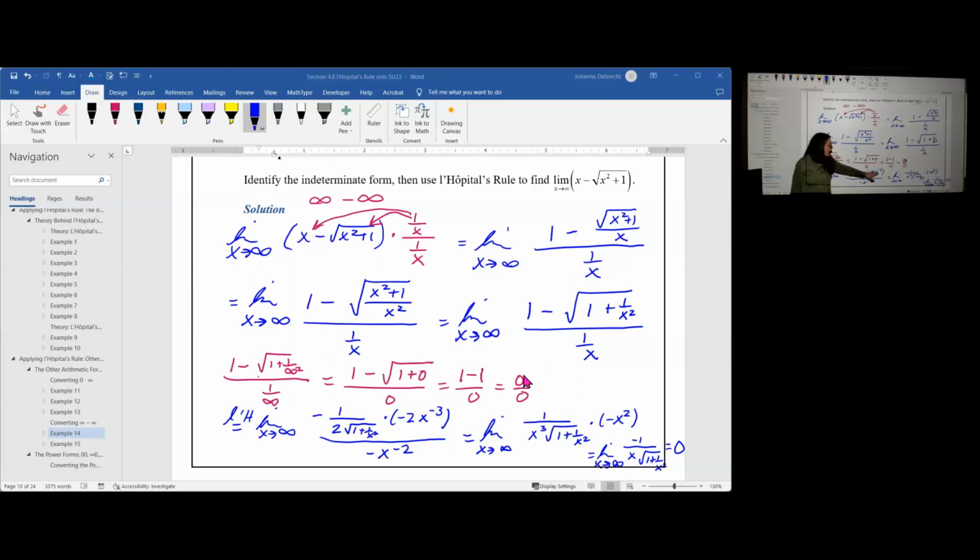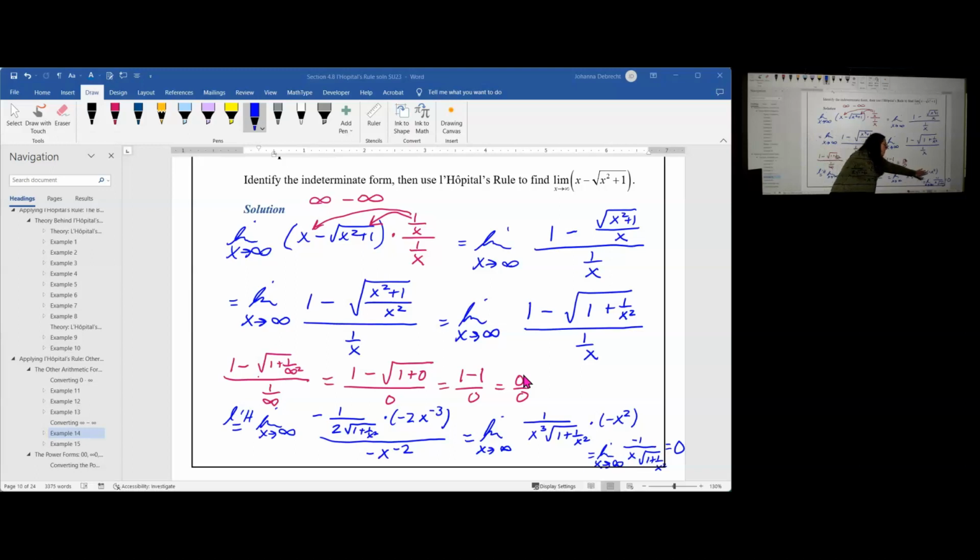Now, I know that the x to the negative 3 will drop to the denominator of the numerator. The 2's in the numerator will cancel, and the negatives in the numerator will cancel. And I get 1 over x cubed, the square root of 1 plus 1 over x squared, under the radical. In the denominator, I had a negative x to the negative 2, which will move to the numerator as negative x squared.